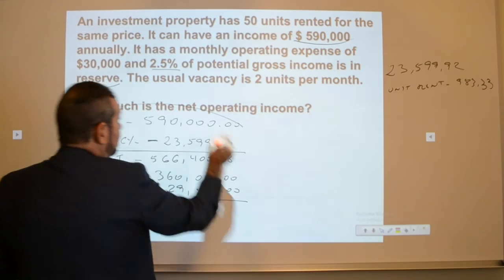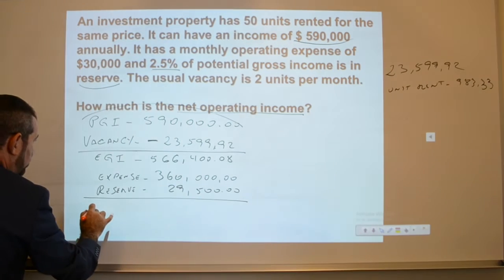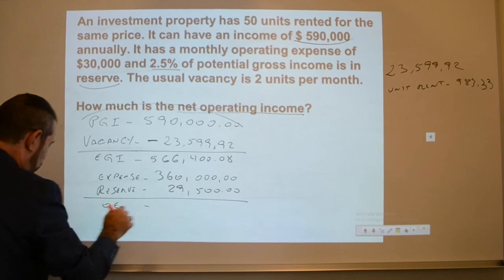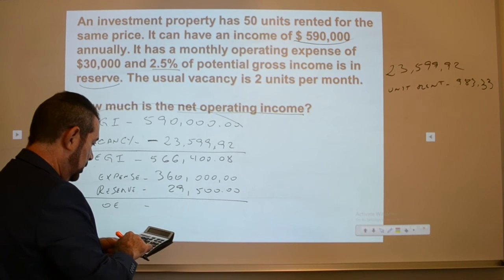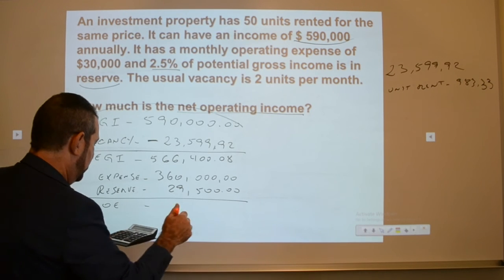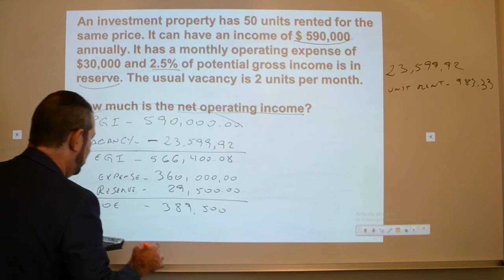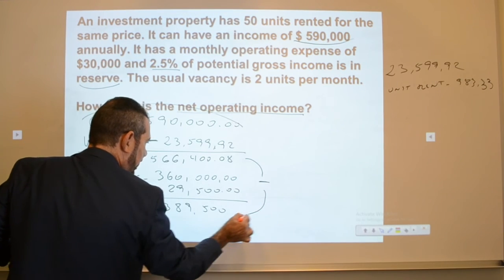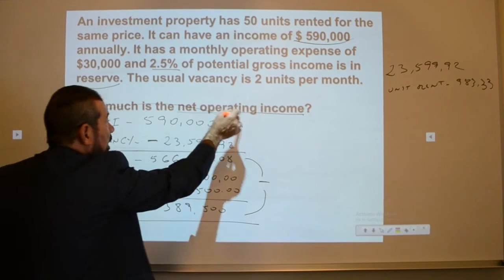Now, what is the question? How much is your NOI? So my NOI is very simple. I will get my operating expenses, which is 360,000 plus 29,500, and I get 389,500, and I will subtract that from my effective gross income, and I will get my NOI, which is the question.